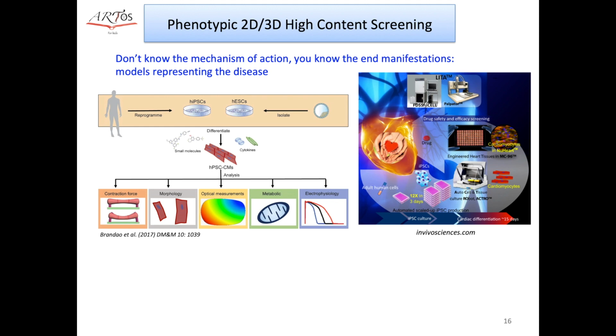The cardiomyocyte can be grown in such condition that it will become a 2D functional model, contracting cardiomyocytes, showing all the characteristics of the patient disease. The phenotype of the patient is maintained and can be studied under different drugs or conditions. You can measure the contraction force, the electrophysiology, the metabolic activity, or observe the morphology of the cell.